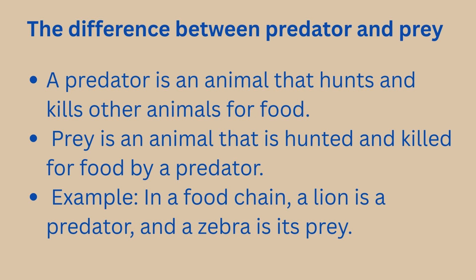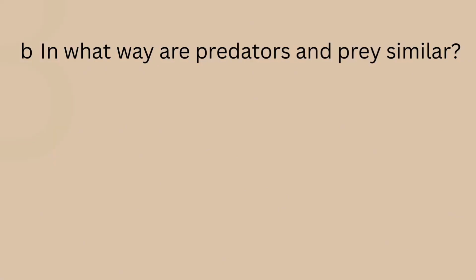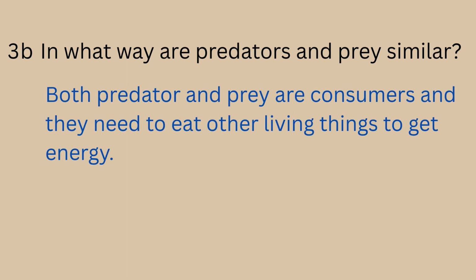For example, in a food chain, a lion is a predator and a zebra is its prey. Question B. In what way are predators and prey similar? Both predator and prey are consumers and they need to eat other living things to get energy.